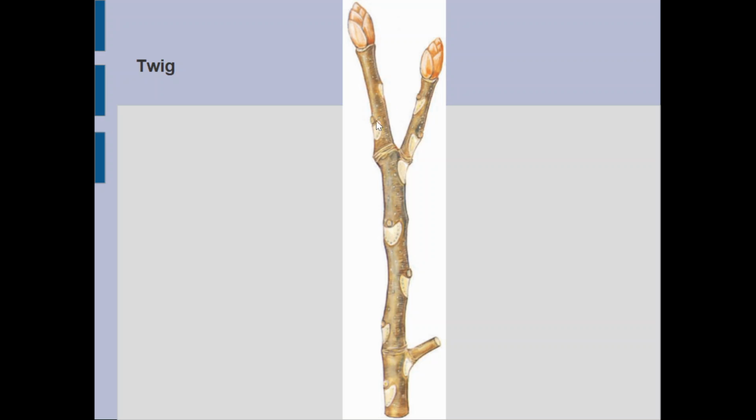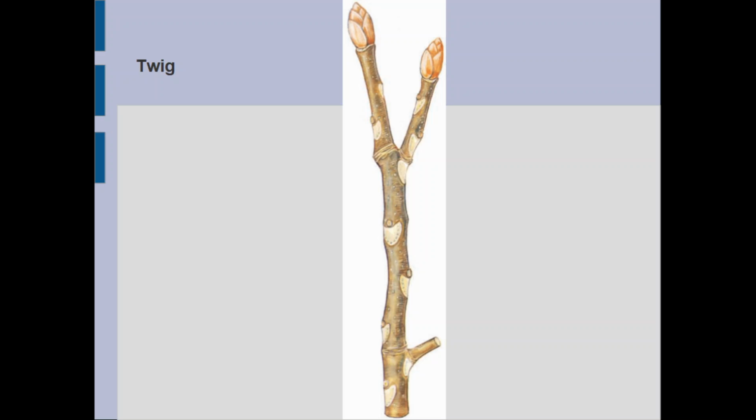So the increase in length is more prominent than increase in the circumference. All plants have the primary growth, and then some of them also have secondary growth.